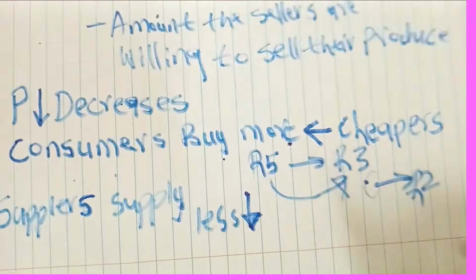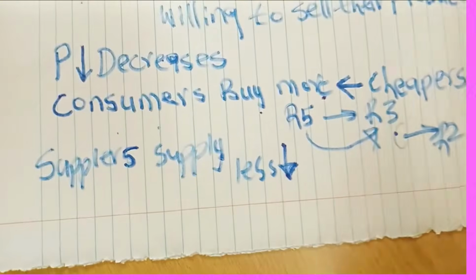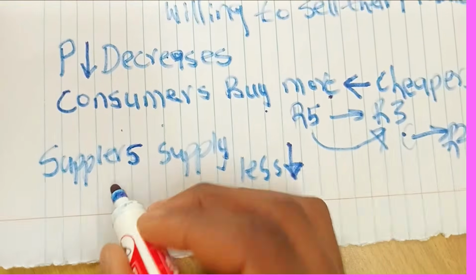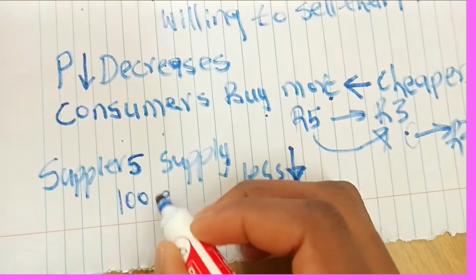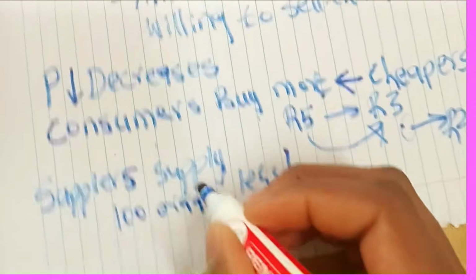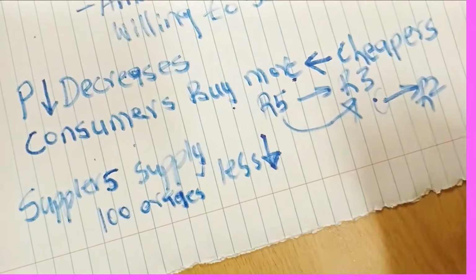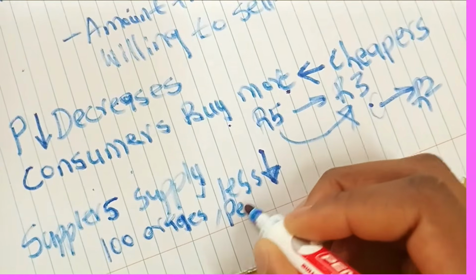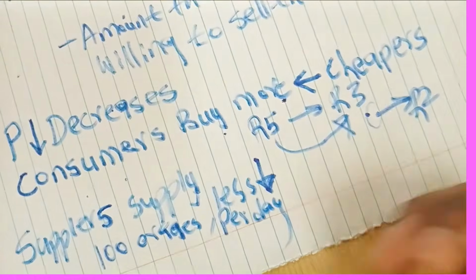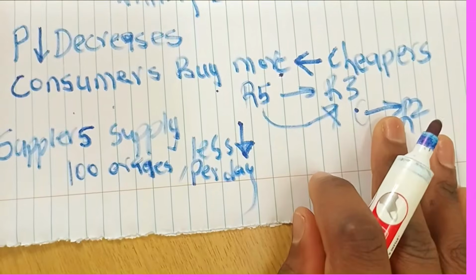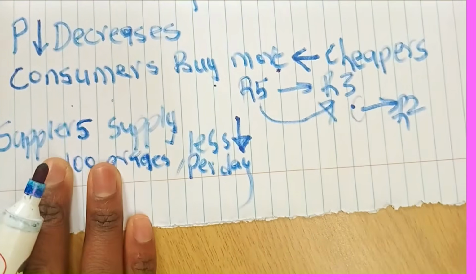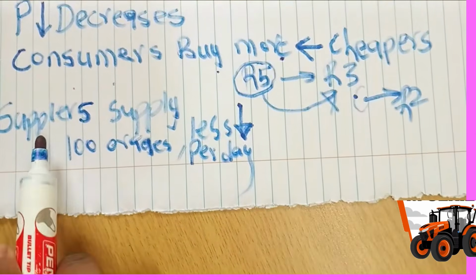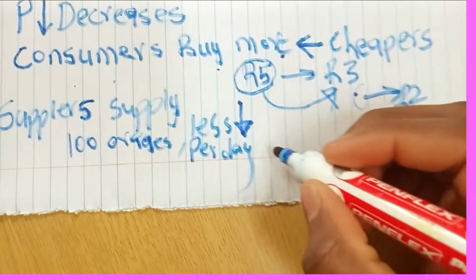They will supply less. Meaning if these suppliers, let's say they were supplying about 100 oranges per day, ne? They were selling these oranges for 5 rand, but now the price in the market is 3 rand.